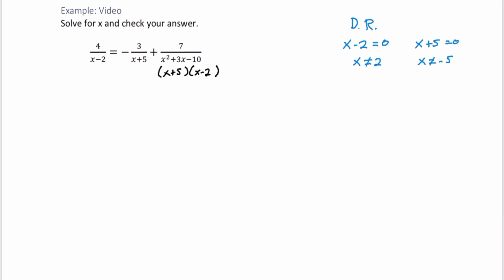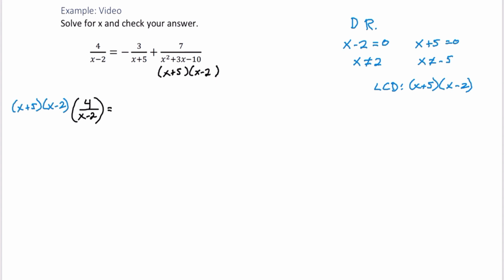Next, we'll multiply by the LCD. The LCD is x plus 5 and x minus 2. We want to multiply every term in the original equation by that LCD. X plus 5, x minus 2, times 4 over x minus 2.